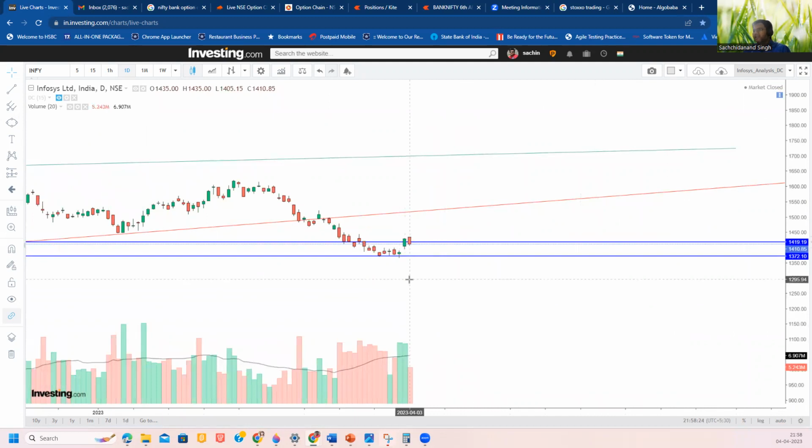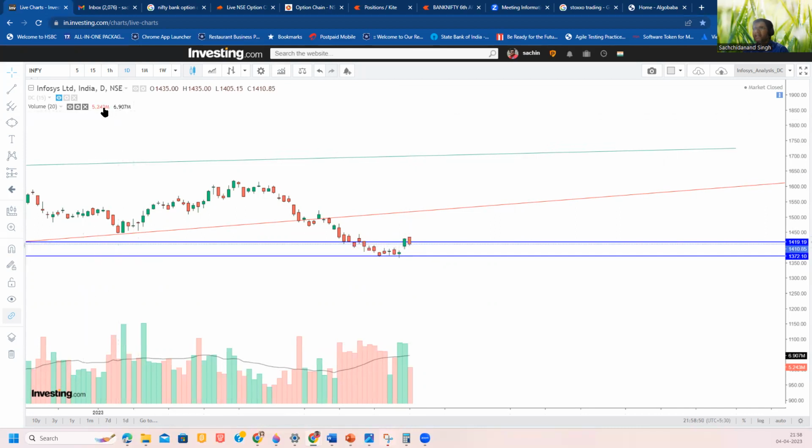Today's market was closed due to Mahavir Jayanti, I believe, but our offices are not closed. Maybe some of the schools might have closed today. So let's look at the last trading day. If you hover your mouse, you can see some numbers getting displayed against the volume.